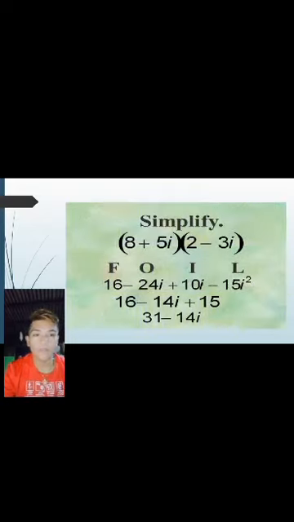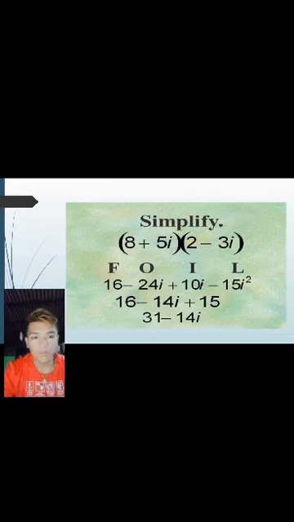Multiplying complex numbers: to multiply complex numbers, you use the same procedure as multiplying polynomials. Simplify the quantity of 8 plus 5i times the quantity of 2 minus 3i.